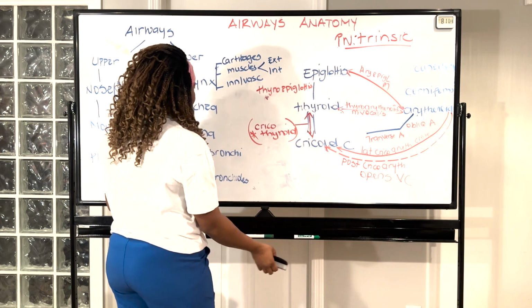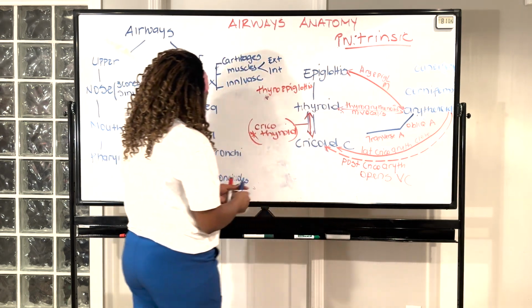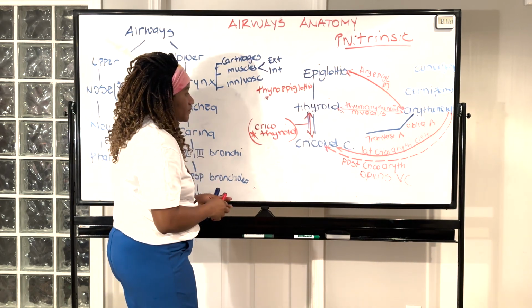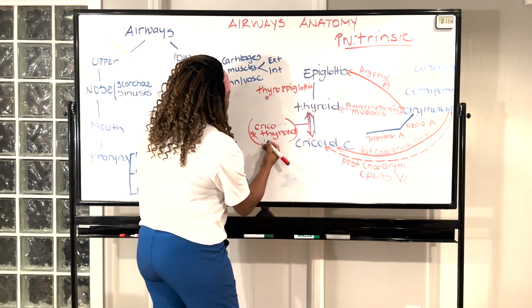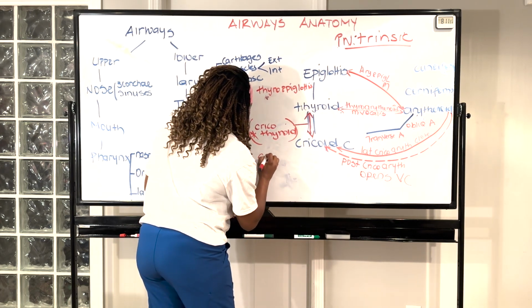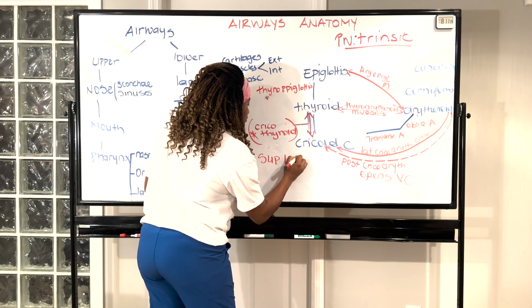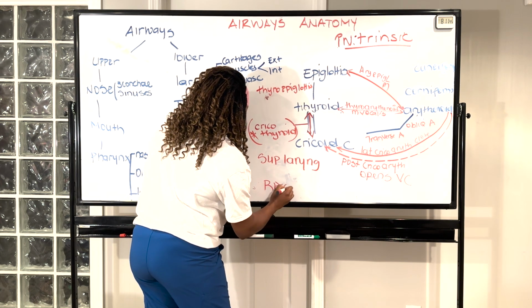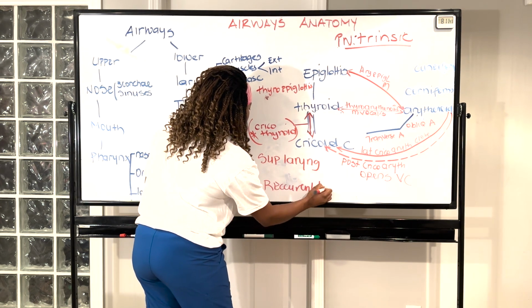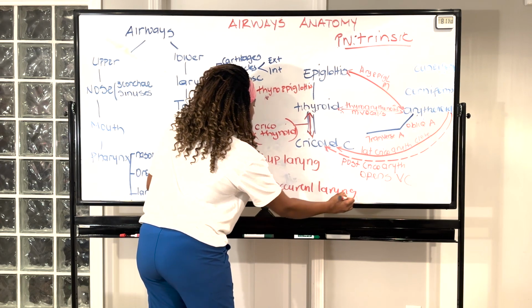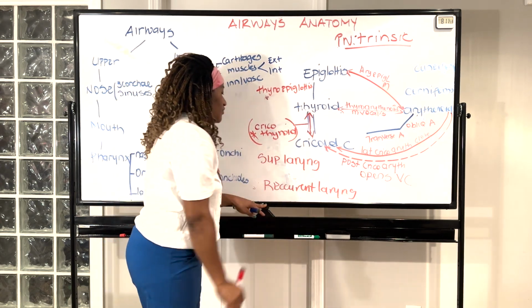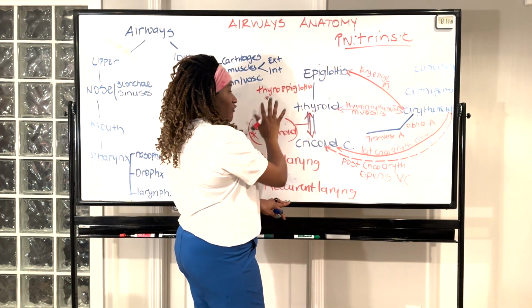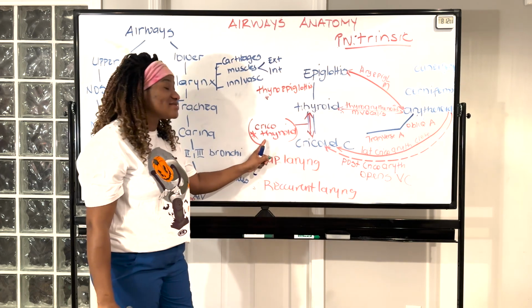Now let's talk about the innervation. The innervation of the vocal cord is done by two main nerves: the superior laryngeal nerve and the recurrent laryngeal nerve. The recurrent laryngeal nerve is responsible for the motor innervation of all these muscles except the cricothyroid.